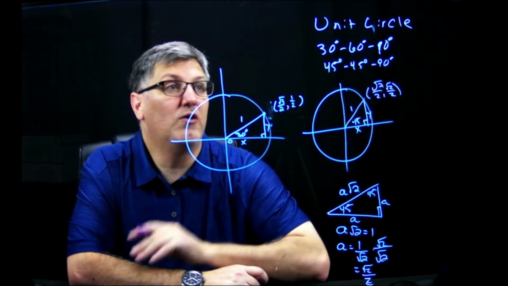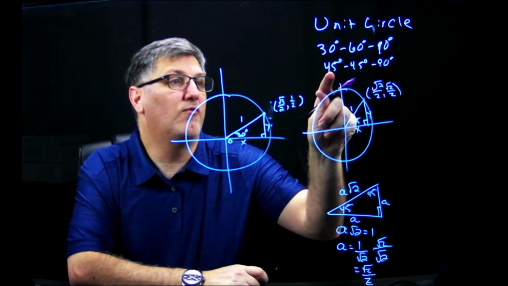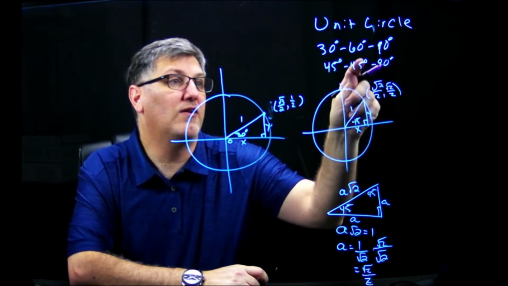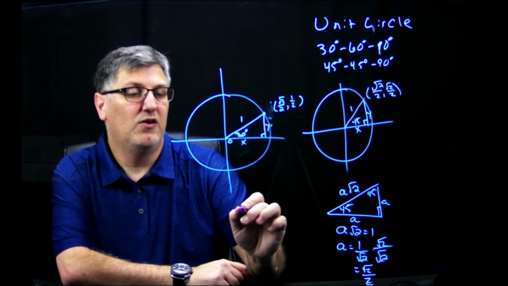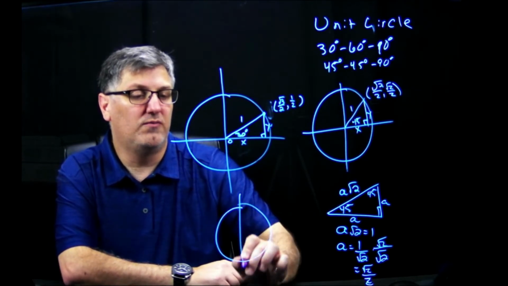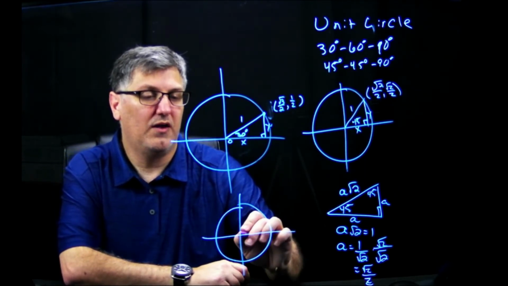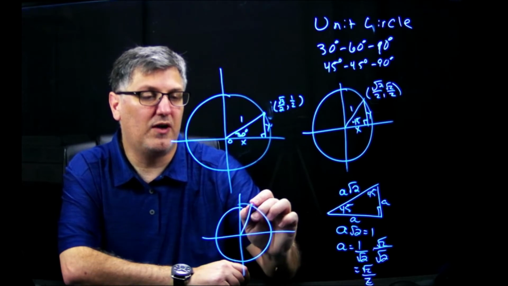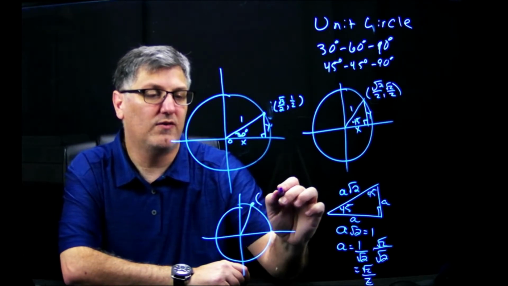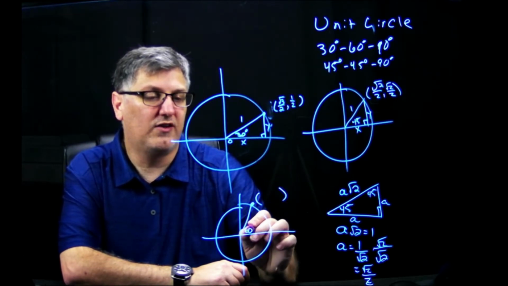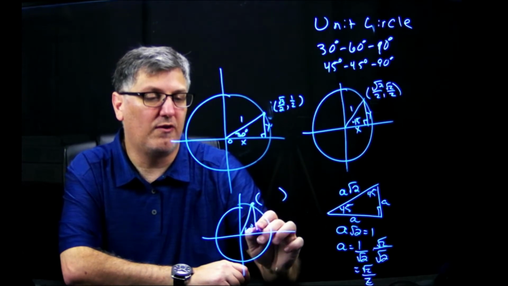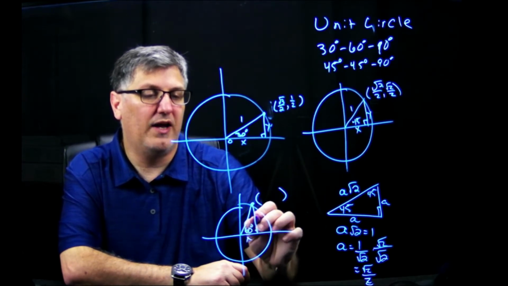All right, well, I've done 30, I've done 45. Now let's do 60. So we're going to draw another circle, and we're coming up way up here this time, and now I want to know what this point is when it's 60 degrees. So I'm going to draw in my reference triangle. I need to know my X and my Y value.